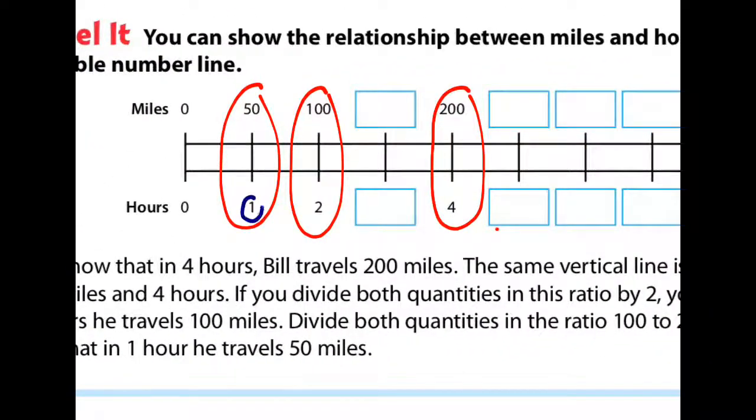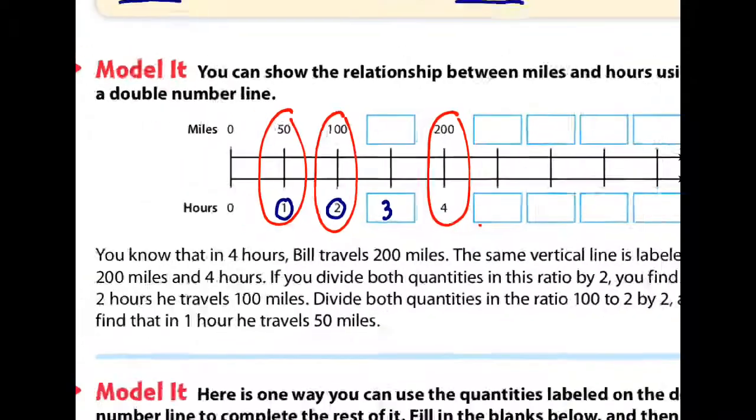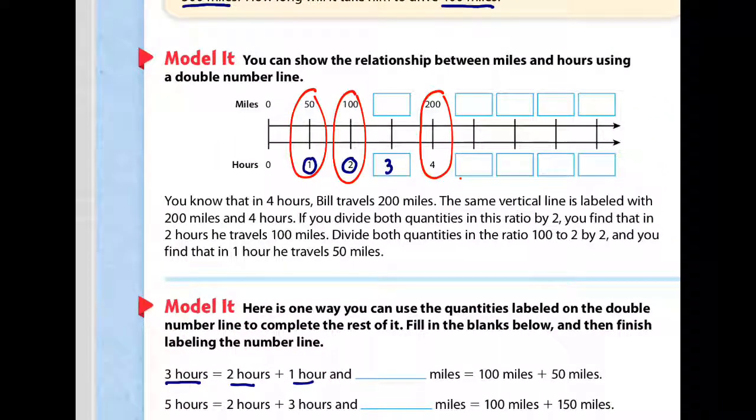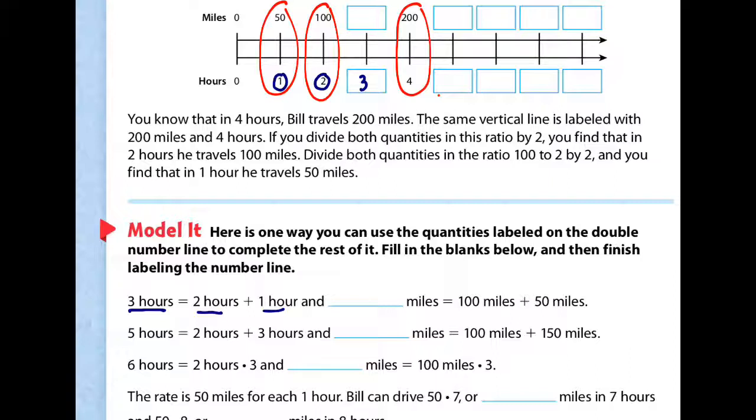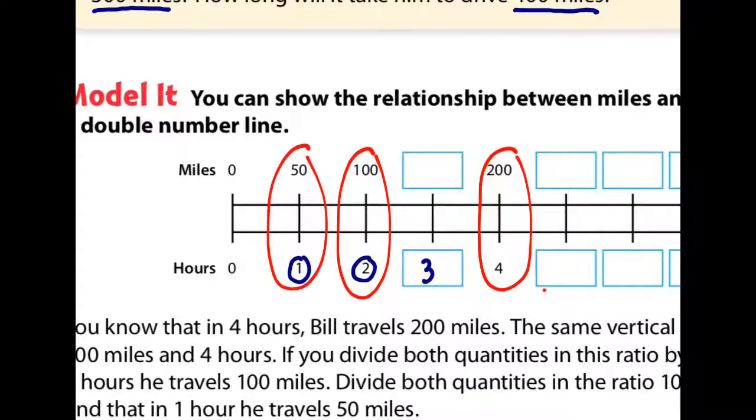So 2 hours plus 1 hour gets you 3 hours. Okay, and you could fill this in with me as you're doing this part. And blank miles equals 100 miles plus 50 miles. Well, what's 100 plus 50 miles? It's 150, right? So what they're saying is, up here, 50 plus 100 is 150.